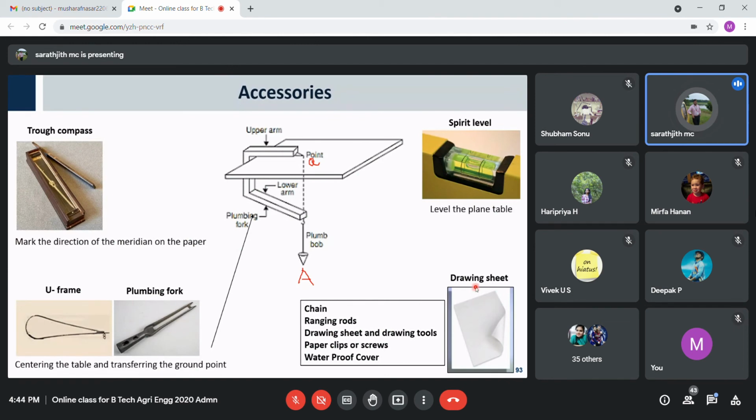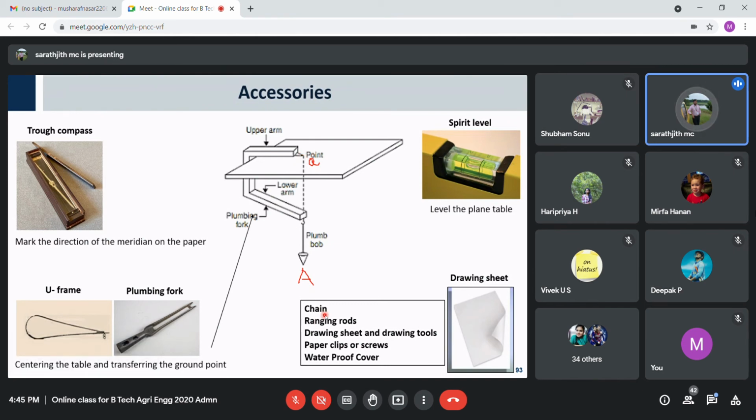One is the drawing sheet, because we will be placing the drawing sheet over the table and fixing it using thumb pins. We need a chain or tape to measure the distance from our instrument station to the point of interest, the point at which the detail has to be plotted.